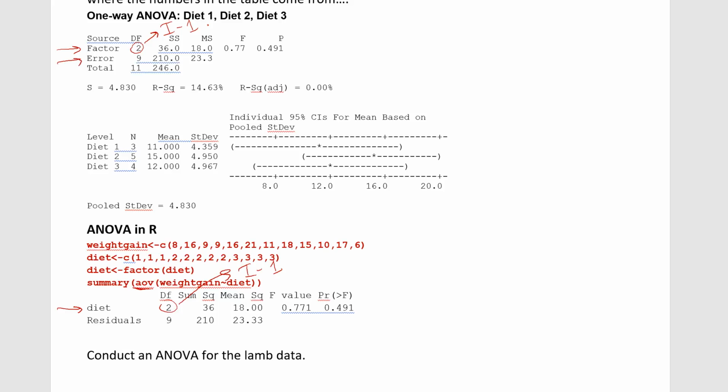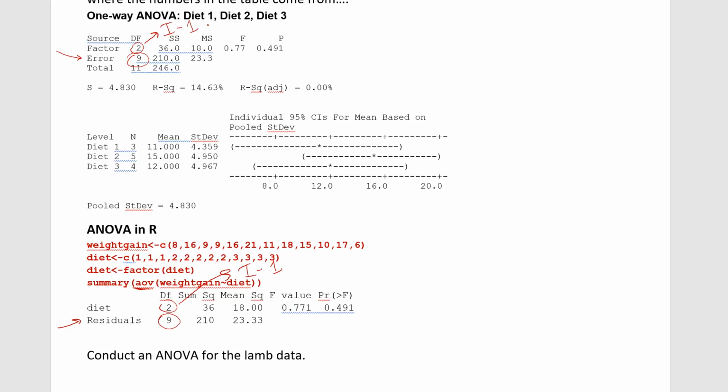Error in the Minitab output is called residuals in the R output. Many different software packages call the residuals either error or residuals. And so here, notice that we have a total of 12 observations. We had 5 plus 4, which is 9, plus 3, which is 12.